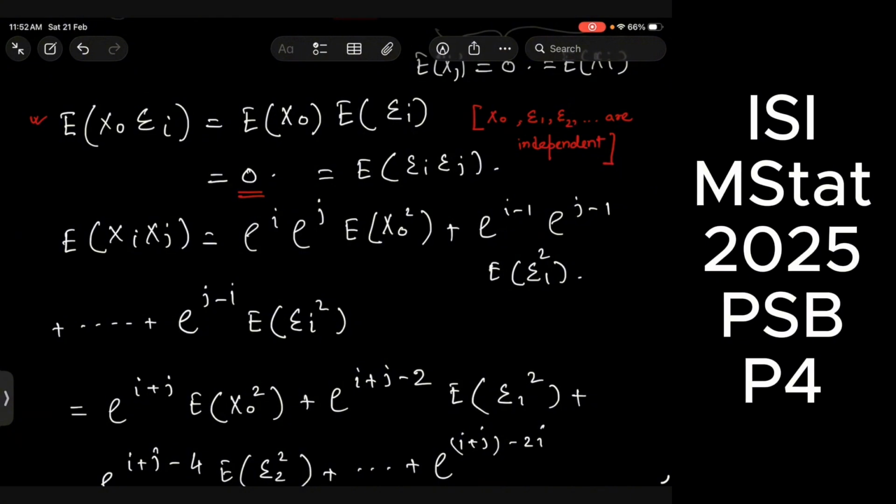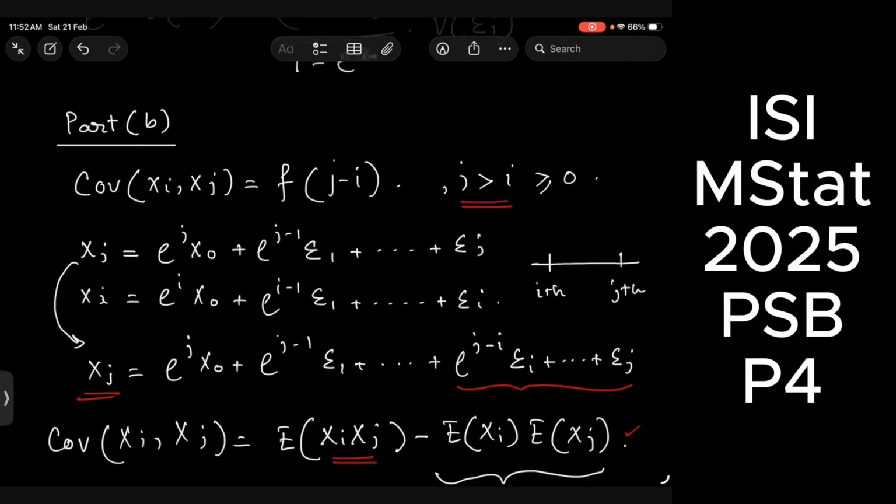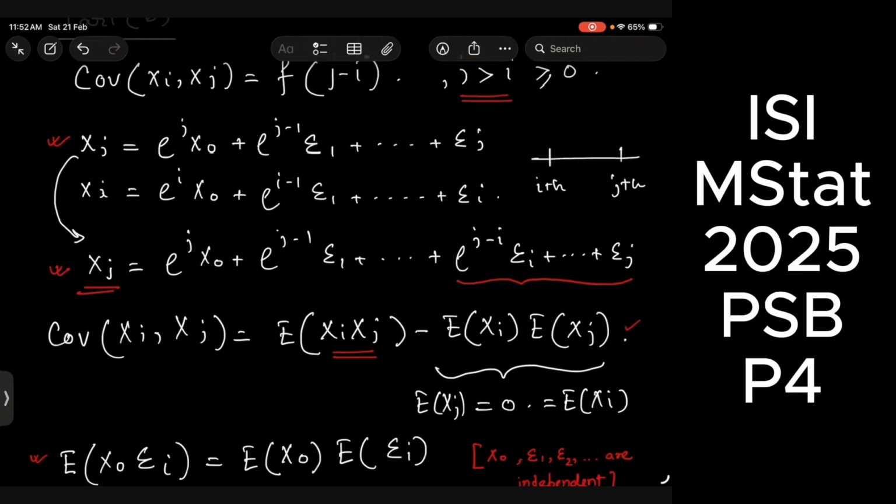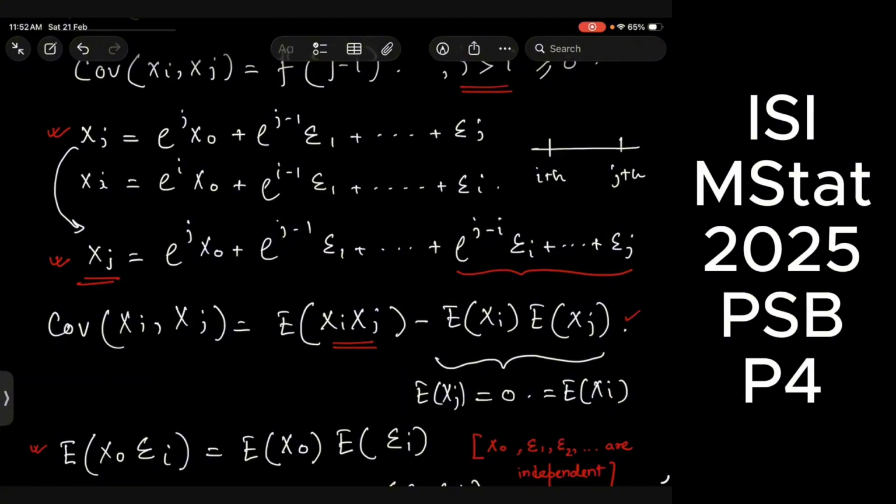Are you getting this? So now if I multiply xi with this xj, now what will happen?